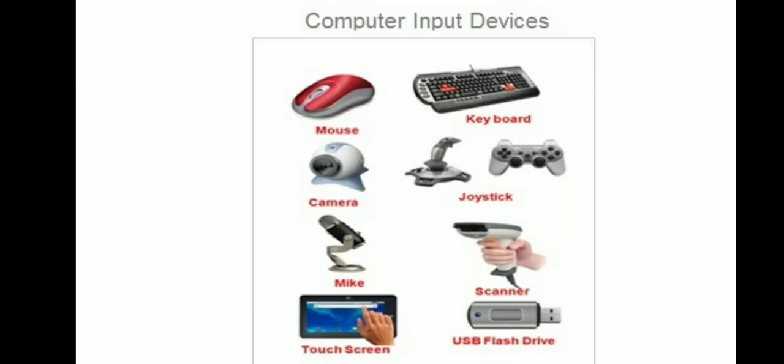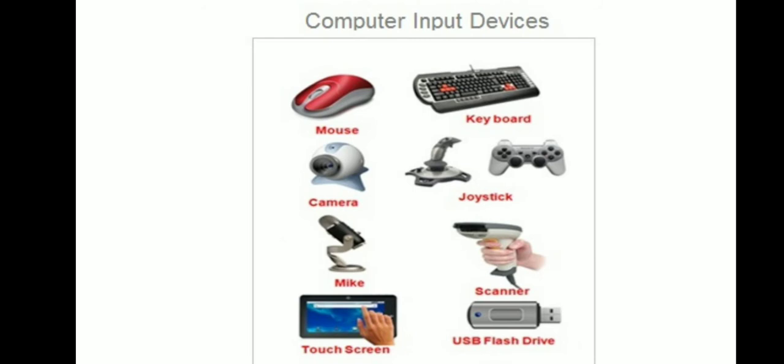And today in this session you are going to learn external computer hardware components. External in the sense, the devices which are attached or connected to the computer externally, either through a cable or through some wireless medium.